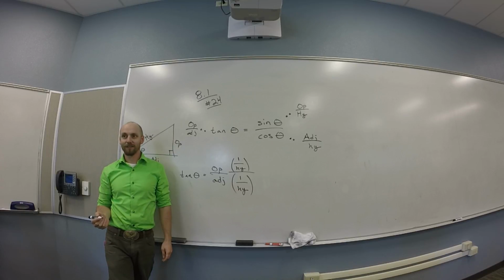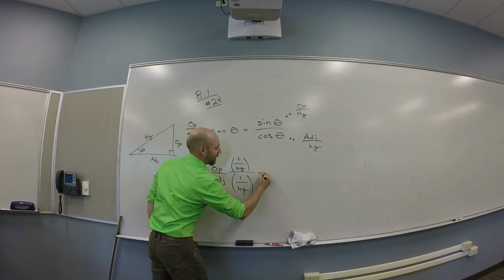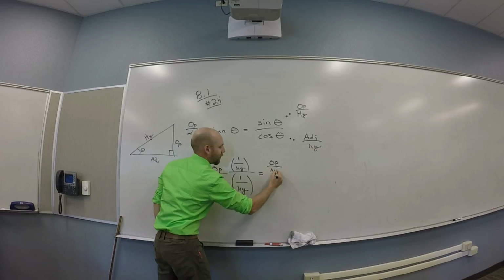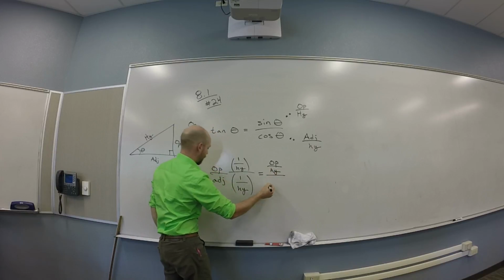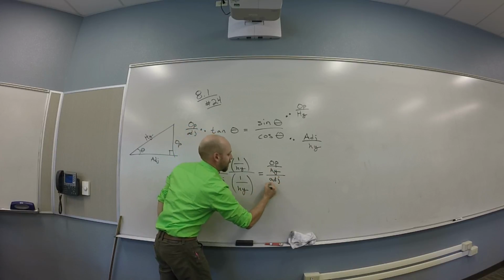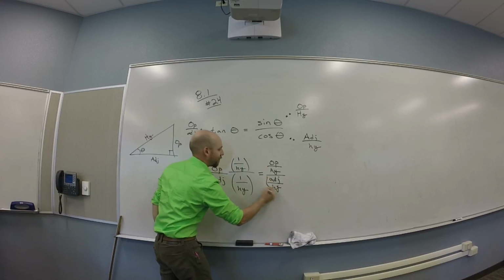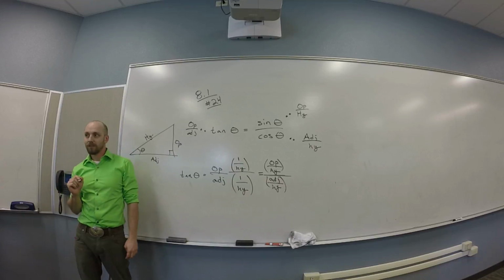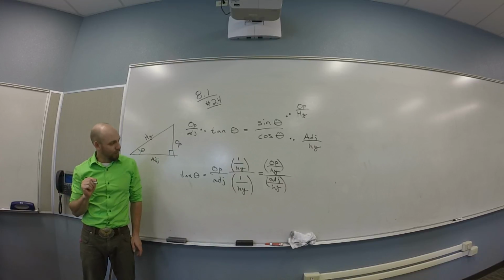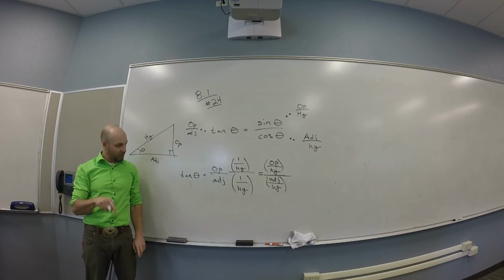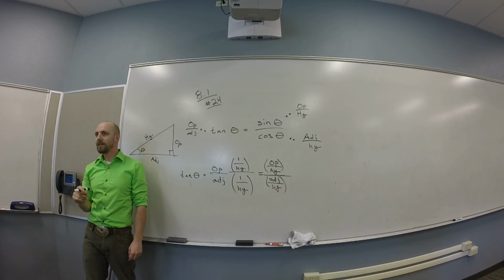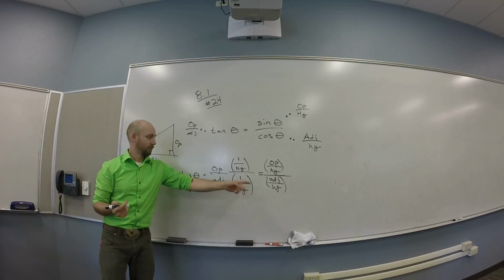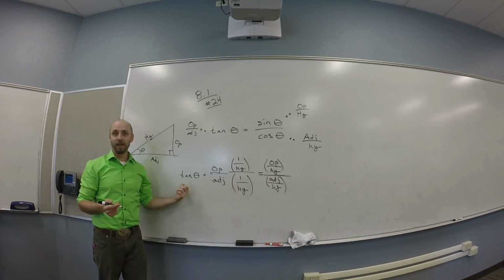You guys all see that? So this is going to get me the opposite over the, oh Lord, this capitalization business is all messed up. Assume the capitalization doesn't matter for this problem. So I got now opposite over the hypotenuse over the adjacent over the hypotenuse. And that, of course, is, on the one hand, tangent, right?